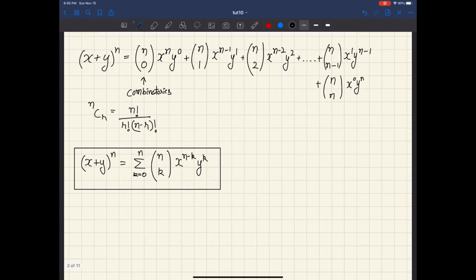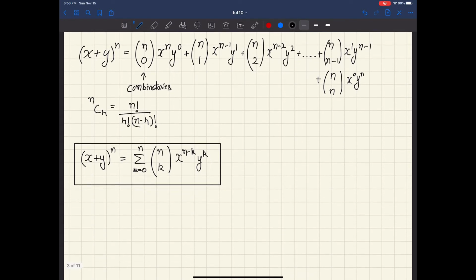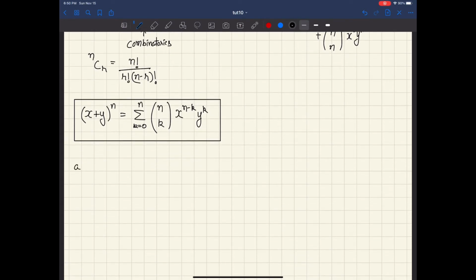Now the first question was: determine the coefficient of x to the power 9 y to the power 3 in the expansion of (x plus y) to the power 12.